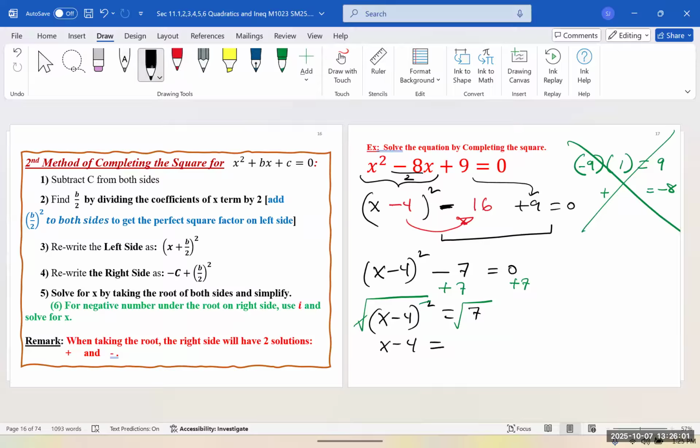So we definitely have square root of 7. But is it the only thing we have on the right side? Remember your plus minus symbol. Anytime we take the square root of a variable squared, the right side has to have plus minus. There are other ways of doing it, but this is the easier one I found.